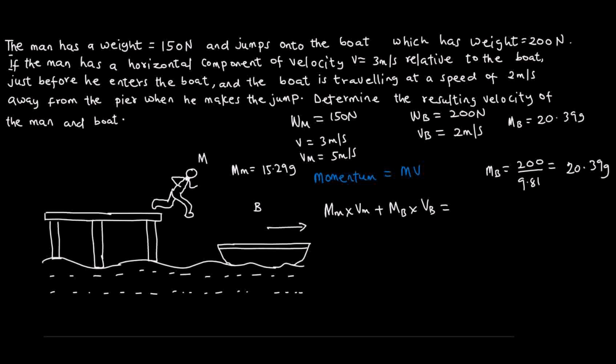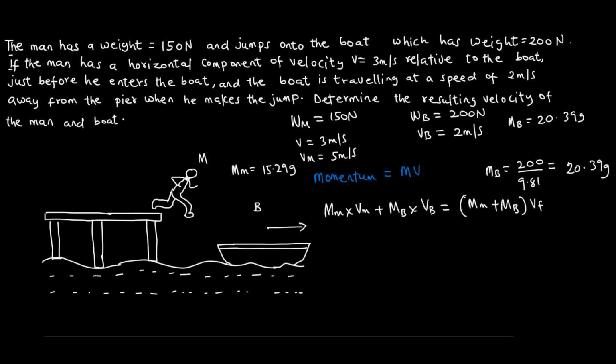In this case, they're going to have a common velocity after the collision. So that will be the mass of the man plus the mass of the boat, times the common velocity, which I name as Vf. Okay, so now we know all our values and we want to find Vf.